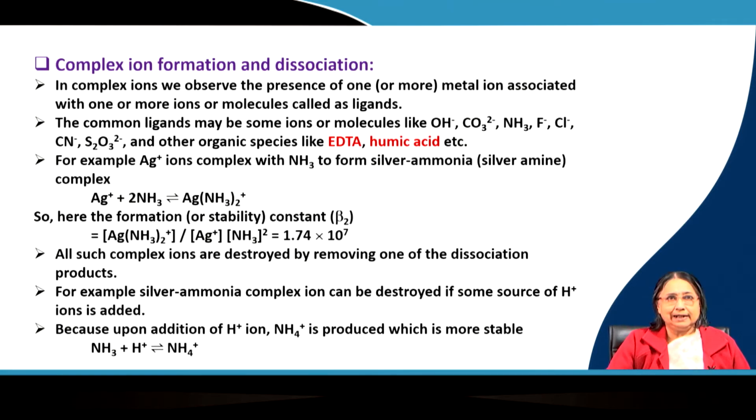So, a metal associated with some ligand. Common ligands we know may be OH minus, carbonate, ammonia, fluoride, chloride, cyanide, thiosulfate; all these can act as ligands. And some species like EDTA, ethylenediaminetetraacetic acid. Humic acid is a natural ligand.